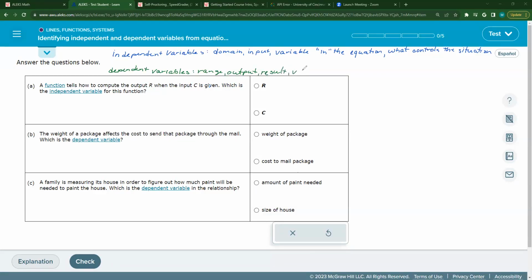They're the variable outside or alone in the equation. So that's what you solve for. And it's the what happens.